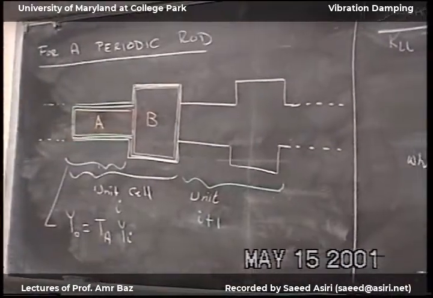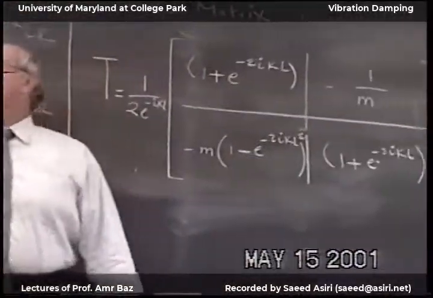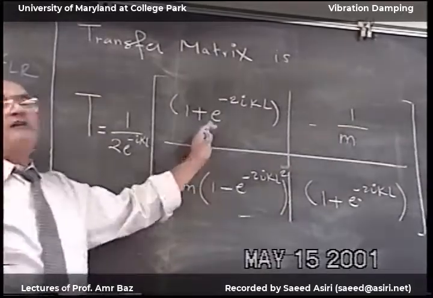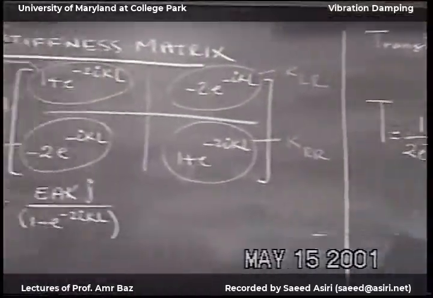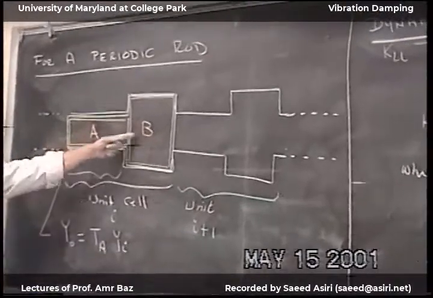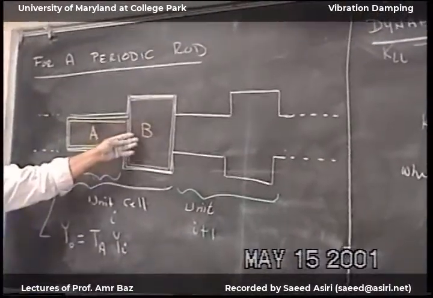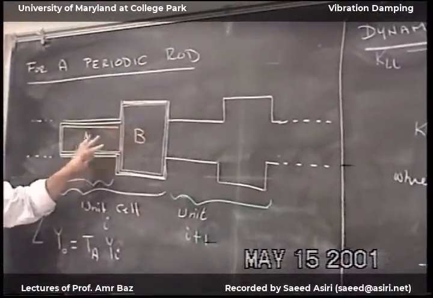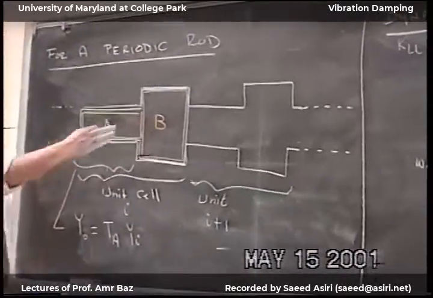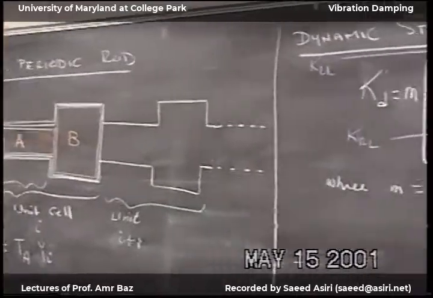My K is rho and E of this section. Okay, maybe this is aluminum, maybe this is something else.